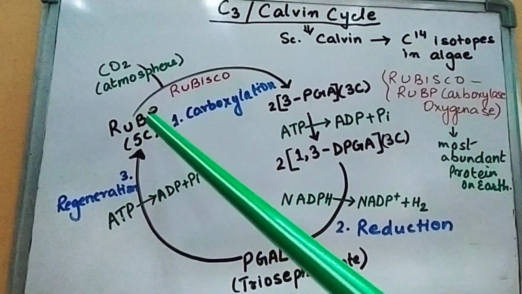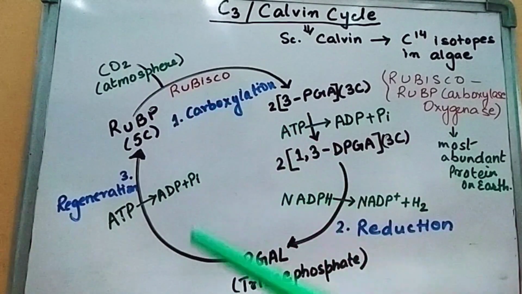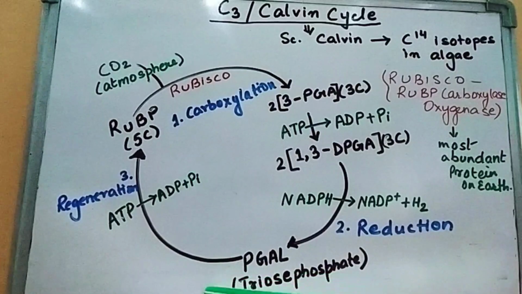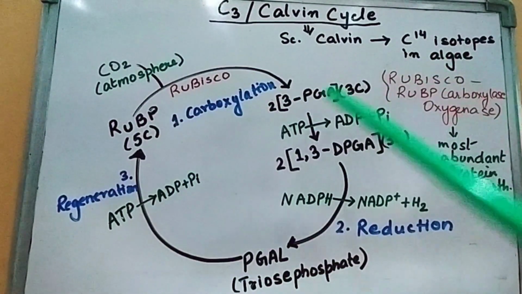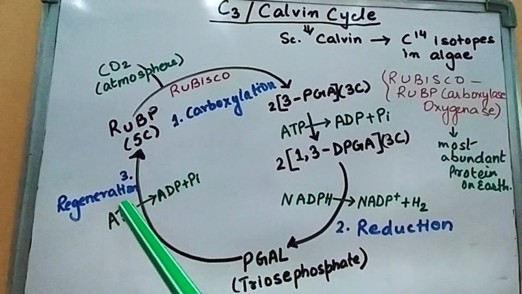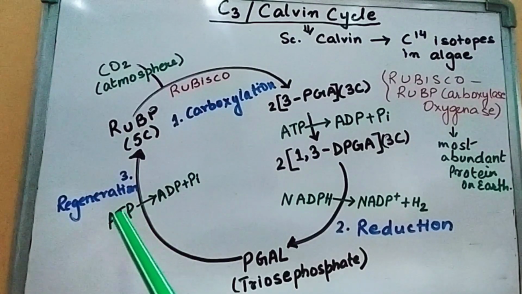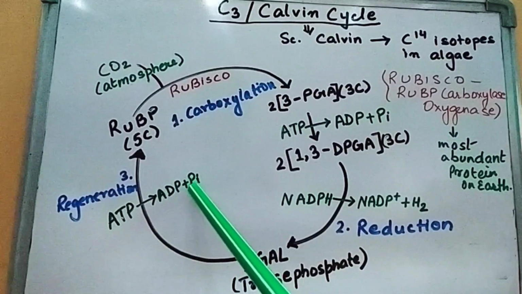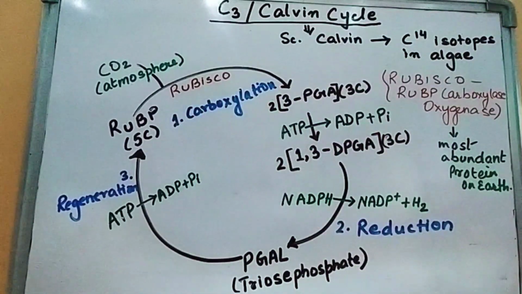So this RuBP regeneration will be done again from PGAL getting converted into RuBP by the use of energy, that is ATP dissociates into ADP, releasing inorganic phosphate to form RuBP.